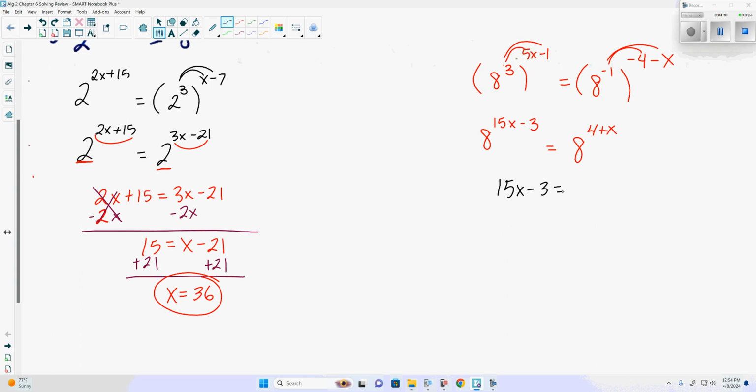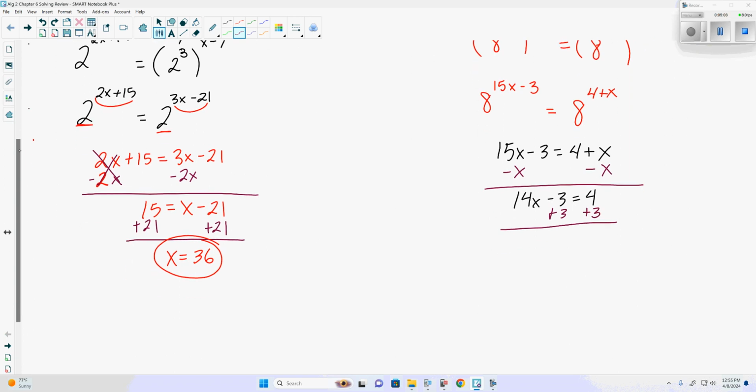And since the bases are the same, the exponents have to be equal. Questions on this here? What's the first thing we can do in solving for x? Subtract x, telling us 14x minus 3 is equal to 4. Next thing we can do is add 3 to both sides.